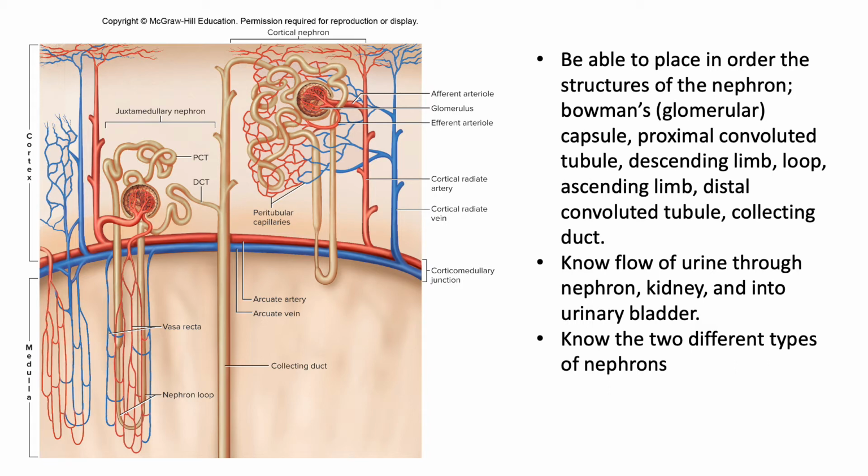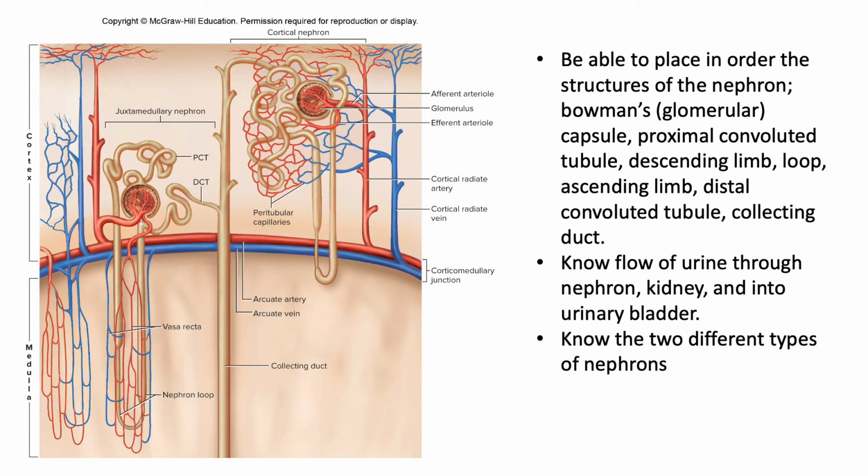So deep to that pair would be the medulla, and the juxtamedullary nephron has this long loop of Henle, or nephron loop, that dives deep into the medulla. This allows for formation of very concentrated urine, basically. It also has a structure known as the vasa recta associated with it.